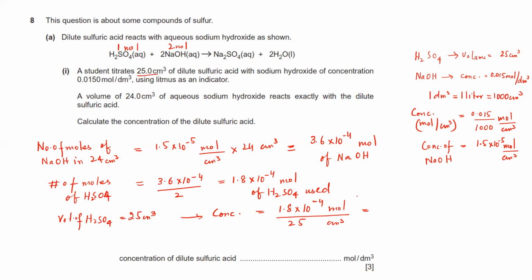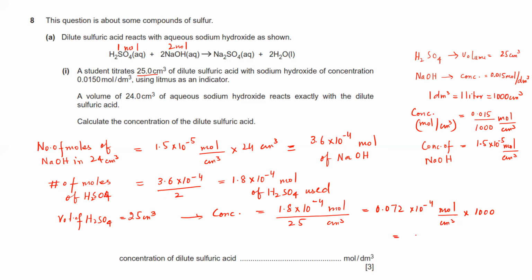Let me find out that on the calculator. 1.8 divided by 25 is 0.072 into 10 to power minus 4 mole per centimeter cube, and to get mole per decimeter cube it is multiplied by 1000.